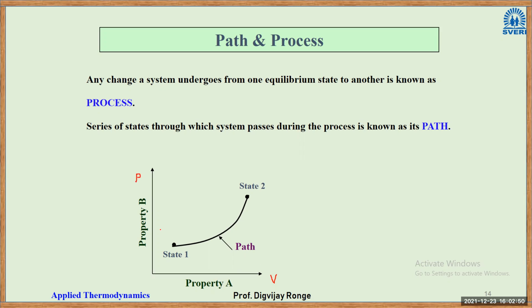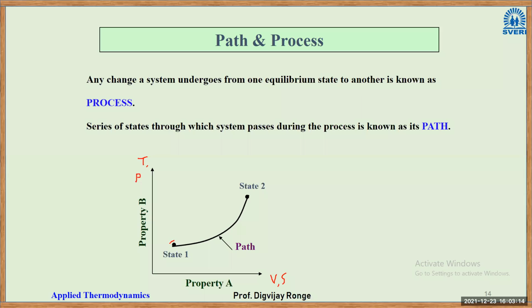In other cases, there will be another chart where there will be temperature on the ordinate and entropy on the abscissa, right? Don't worry, we'll study as time comes. But for now, consider this graph. Here property B is on the ordinate, property A is on the abscissa.